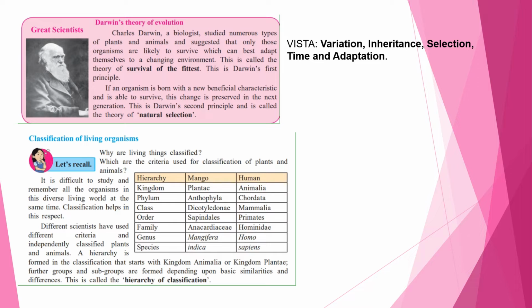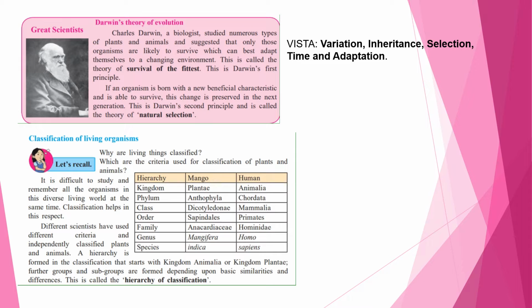In this table they have given the classification of mango, which is a plant, and human, which is an animal. Let's see one by one. Mango has kingdom Plantae, phylum Anthophyta, class Dicotyledon, order Sapindales, family Anacardiaceae, genus Mangifera, species indica.